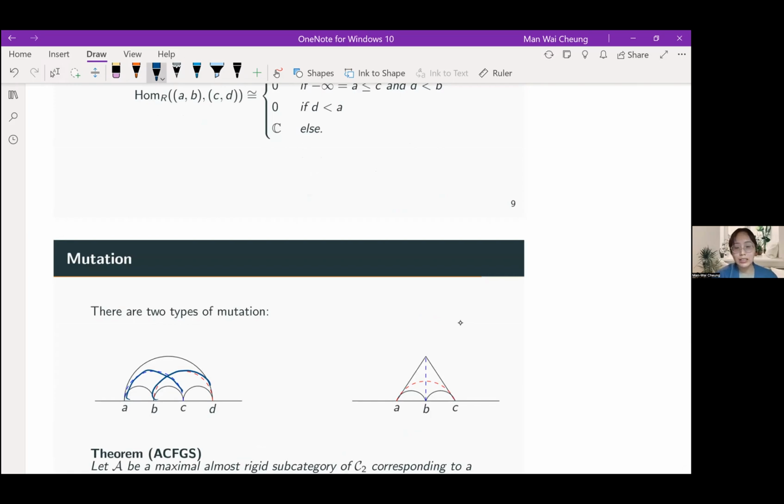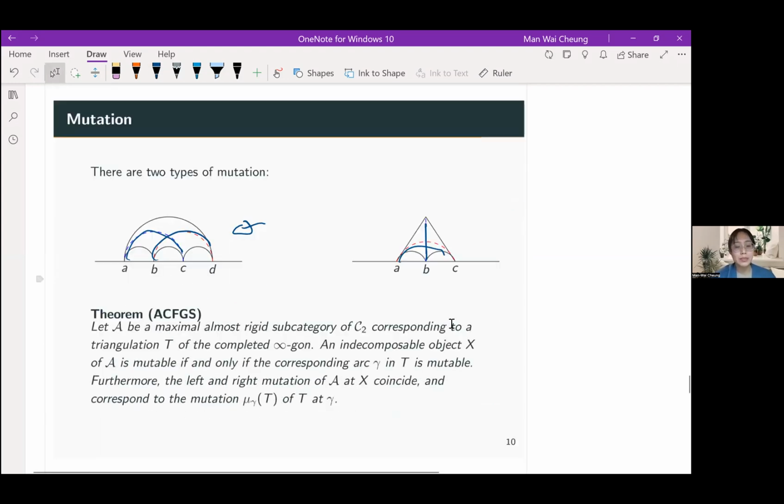Here those are for the finite arcs, and you can see this is what we can have for the infinite arcs. And then what we have is we consider a maximal almost rigid subcategory. We can talk about the definition afterward, corresponding to a triangulation of the completed infinity-gon.